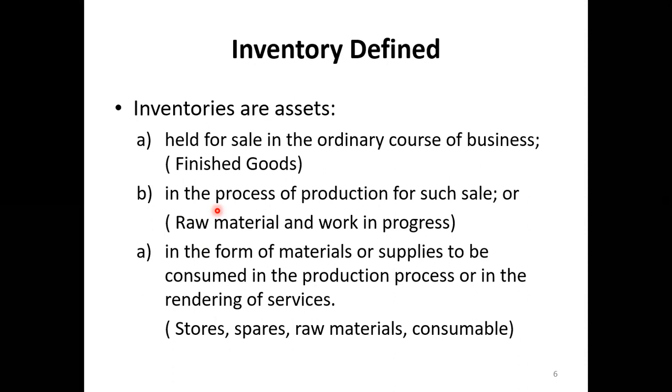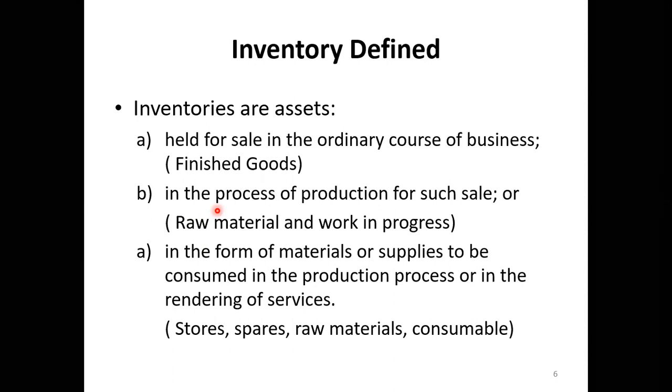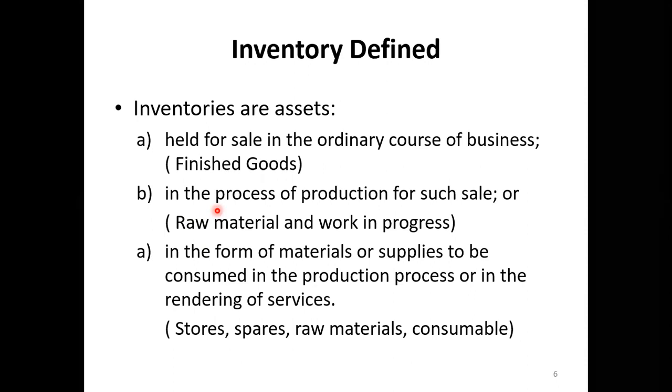You purchase raw material for the purpose of production, so raw material should be considered as inventory, and finished goods are inventory that is ready for sale.